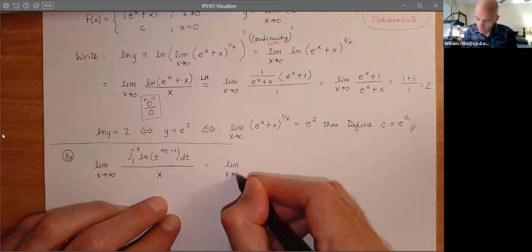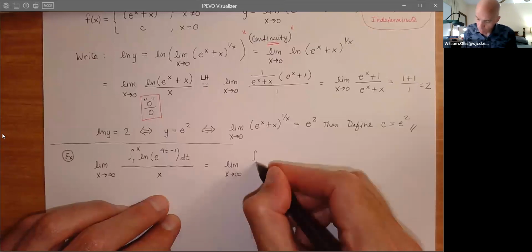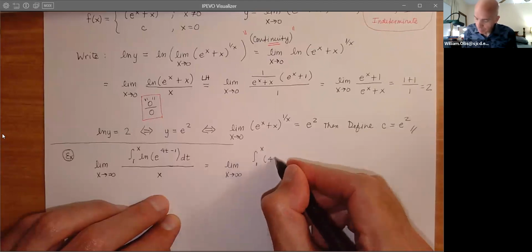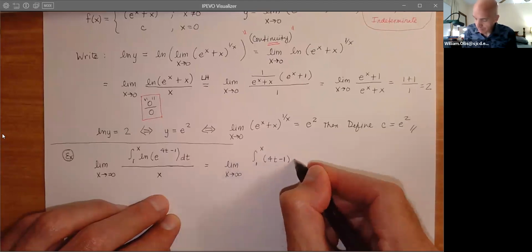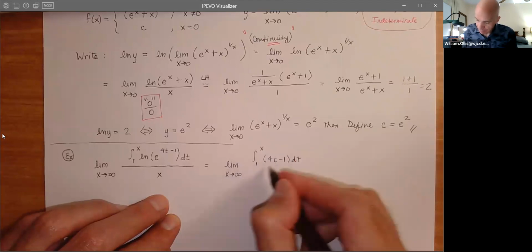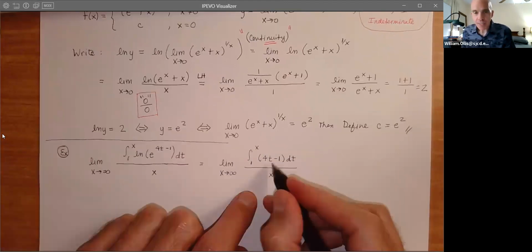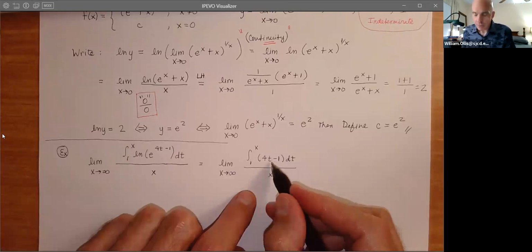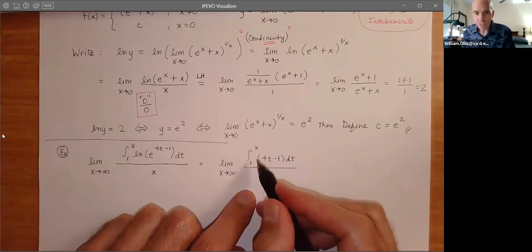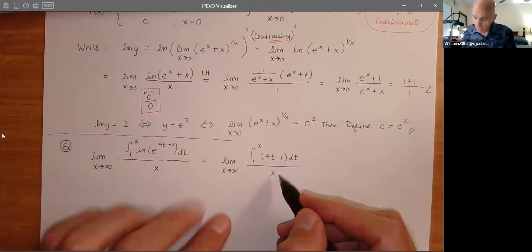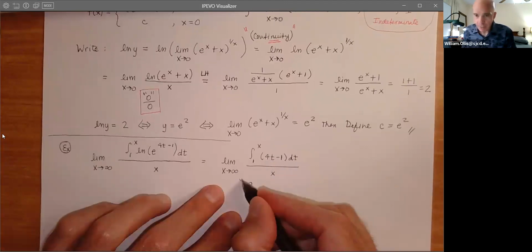So this will be the integral from 1 to x of 4t minus 1 dt divided by x. Now, of course, this is a nice positive integrand on this interval as x approaches infinity, so it becomes larger and larger as x does. So this is just infinity over infinity.